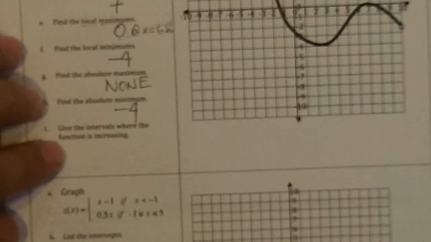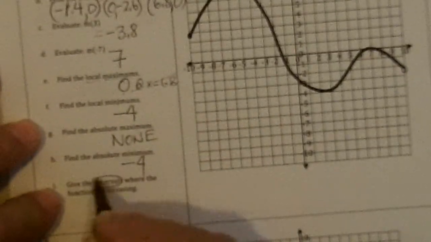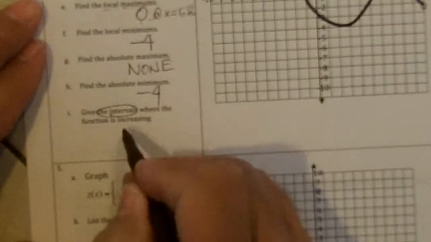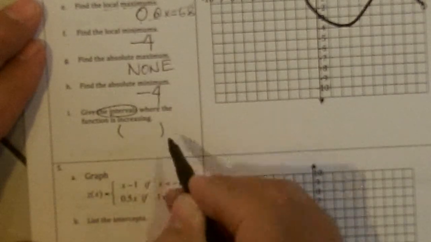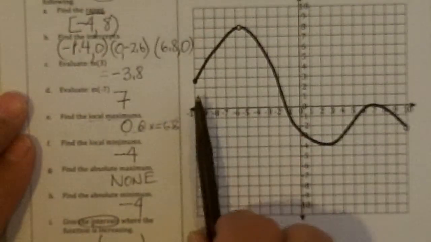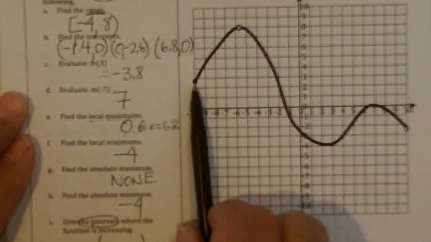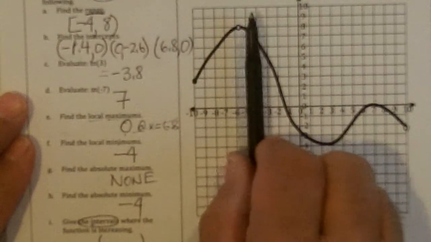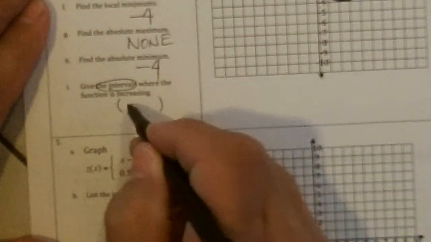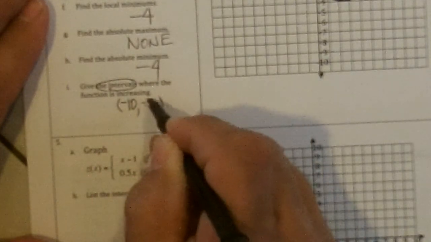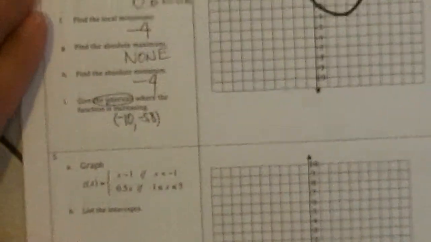Intervals where it's increasing. From where to where, and intervals of increasing or decreasing are always with parentheses because you can't include the ends. Looks like it's increasing from when x is negative 10 to when x is negative 5.8 or something. Negative 10 to negative 5.8-ish.